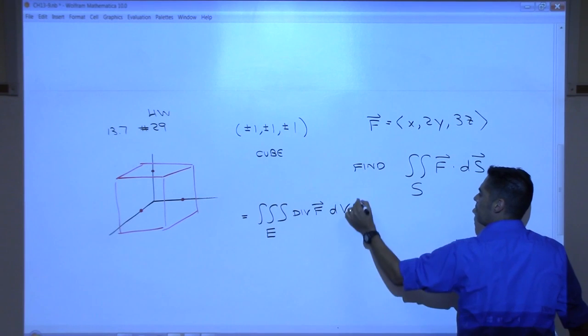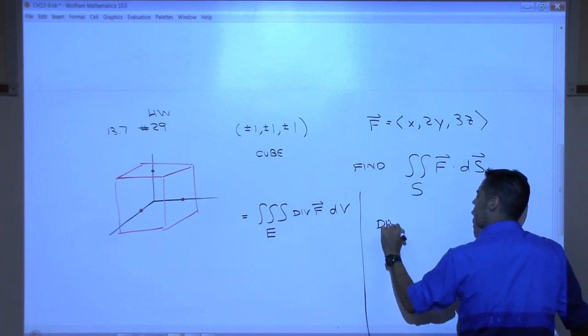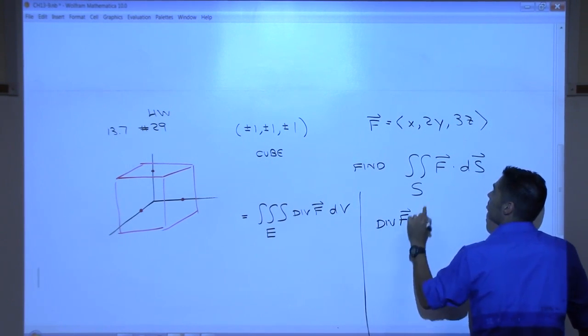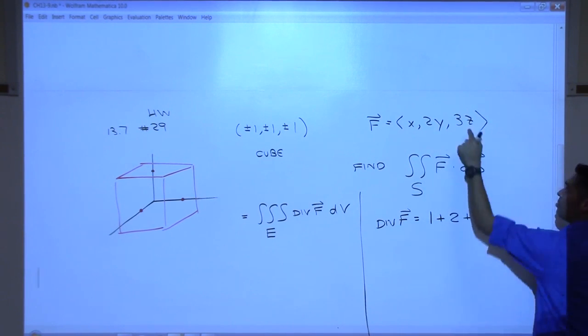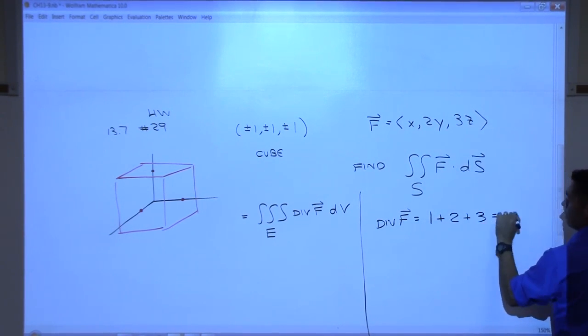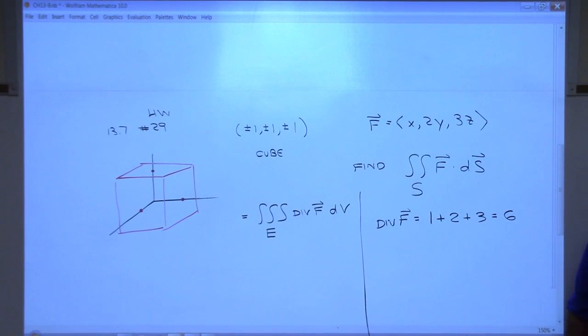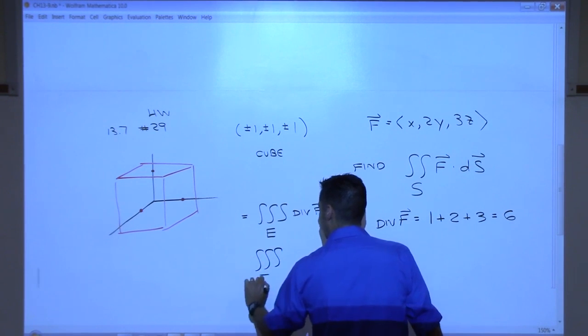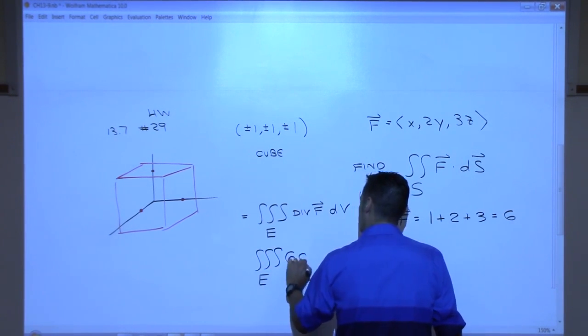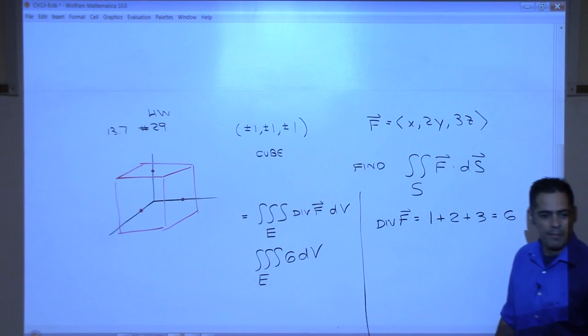Do it right here. The div of F is 1 plus derivative of that with respect to y is 2 plus derivative with respect to z is 6, right? This is 6. All right, that's nice. So I'm just going to do the triple integral over E of 6 dV, right?